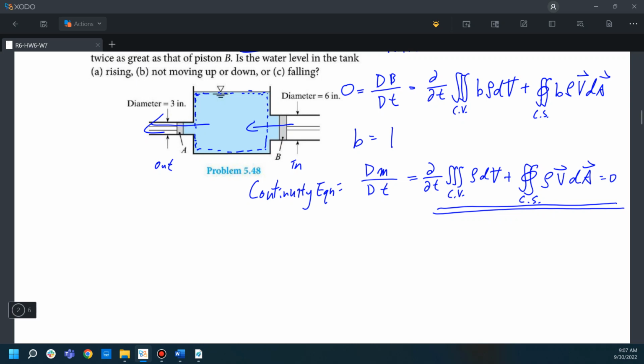Okay, so we know how the system looks, and we will apply this equation. So I will just write these as a CV term. I just don't want to use other notation, so let's just write it down.